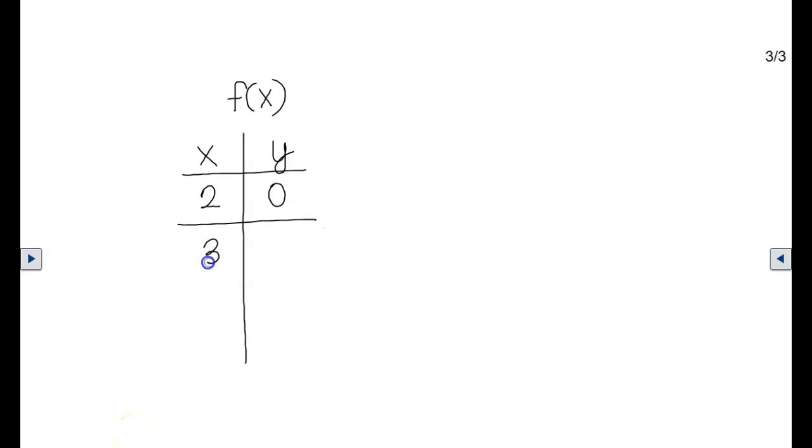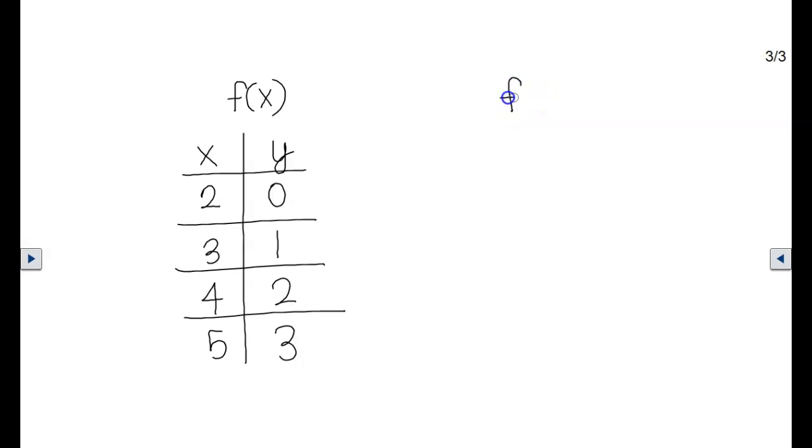It takes a 3 and pairs it with a 1. It takes a 4 and pairs it with a 2. And then finally it takes a 5 and pairs it with a 3. So this is my first function table. Notice it is for the function f of x. So this is a function that connects 2 to 0, 3 to 1, 4 to 2, and 5 to 3.